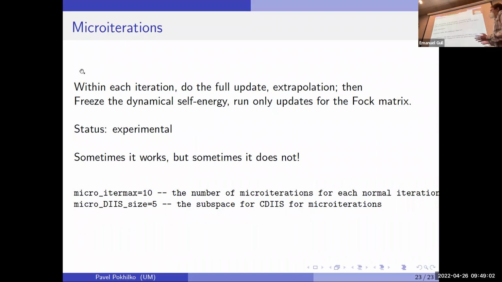And I implemented only commutator DIIS for the subspace of the Fock matrix, but the macro iterations can use whatever else is available. It is a somewhat experimental feature, and although it seems to be correct, in practice I see that sometimes it works. So for very weakly correlated systems, it leads to fewer expensive iterations.